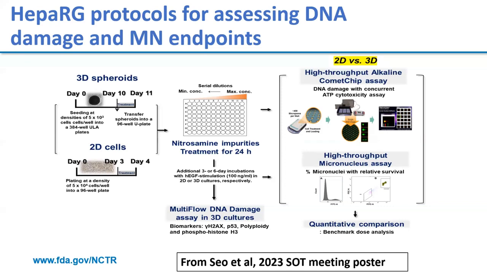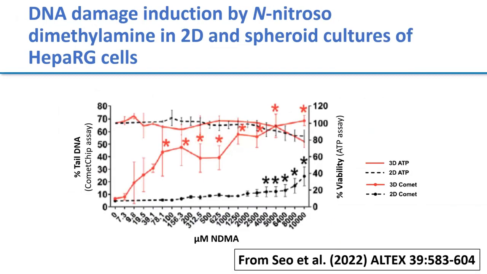So here's an example from one of Jian's papers of the remarkable differences in sensitivity that could be seen for nitrosamines tested in assays using spheroids as opposed to attached cells. The example here uses comet analysis of NDMA-treated 2D and 3D cells.